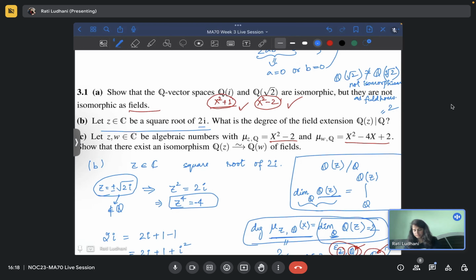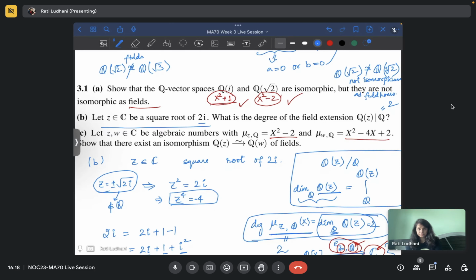I am not sure, but you can also prove that Q(√2) and Q(√3) are not isomorphic as fields. Why are they not isomorphic? You try to do the identity-like mapping, but you will get a contradiction.